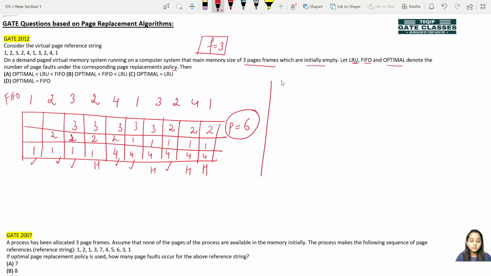Let me solve for the optimal page replacement algorithm. There also I am taking 3 frames.